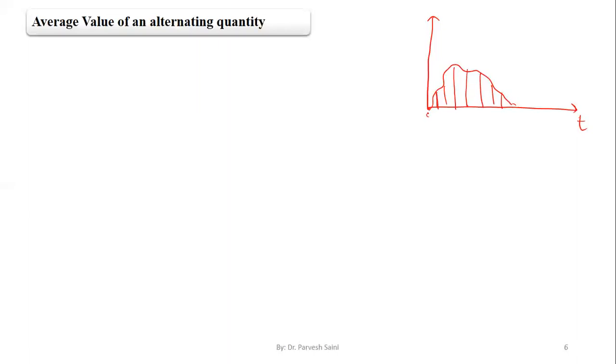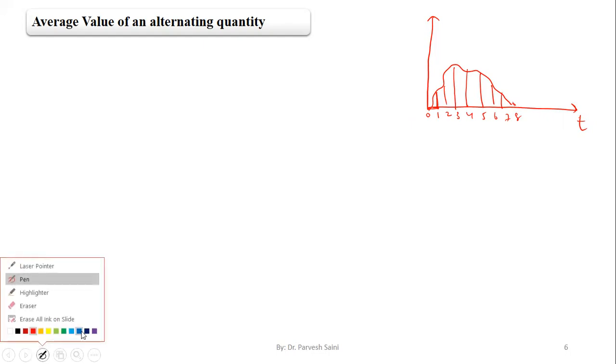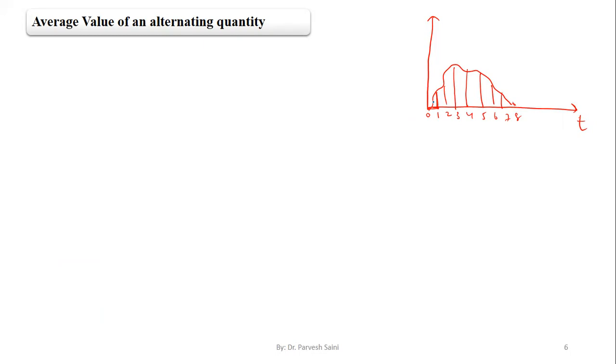Like if this is instant 0, this is instant 1, then 2, 3, 4, 5, 6, 7, and then let us say 8. I'll take the average of these two instants. Let me take a different ink here, blue ink. So I will have some average mid value of this.